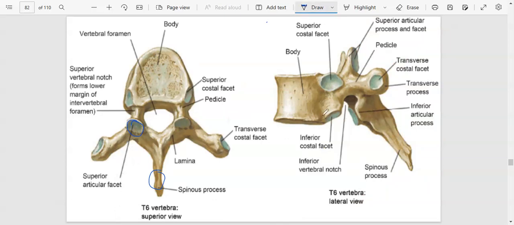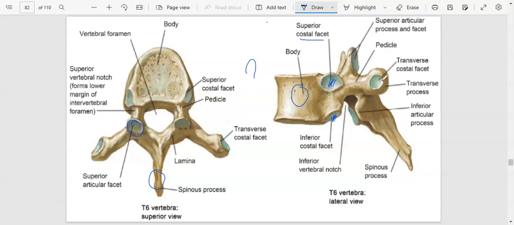You can also see it when you look at it in the lateral view, or from the side. This is the body, then the superior costal facet, meaning that it is up, and then the inferior costal facet. Then you have the inferior notch. A notch is simply something that goes in like that.